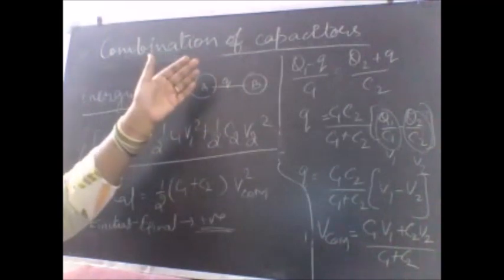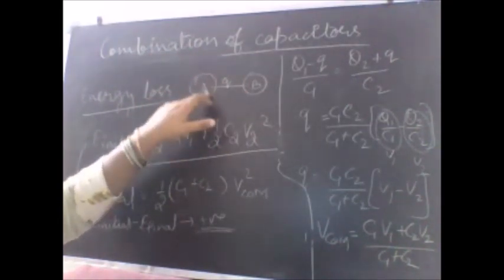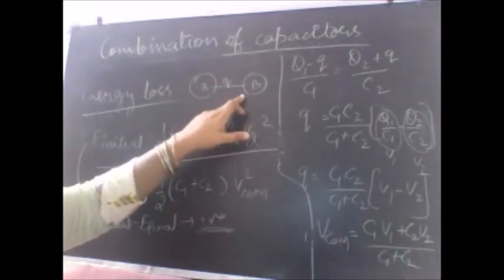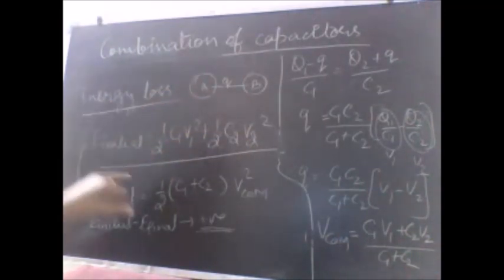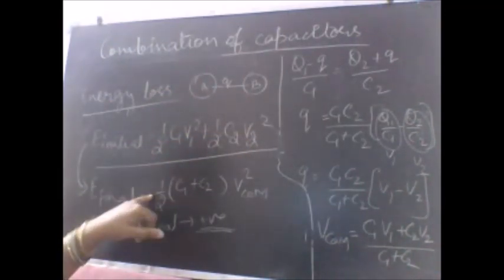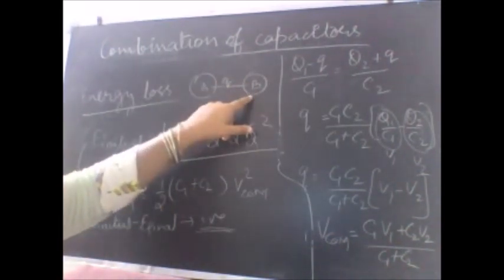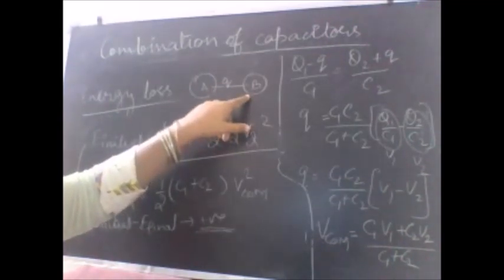That means the initial energy of the system will be equal to the final energy plus some heat which is lost. Therefore, the initial energy should be more than the final energy, and the difference is the energy lost in the form of heat in the wire. I think that is it.